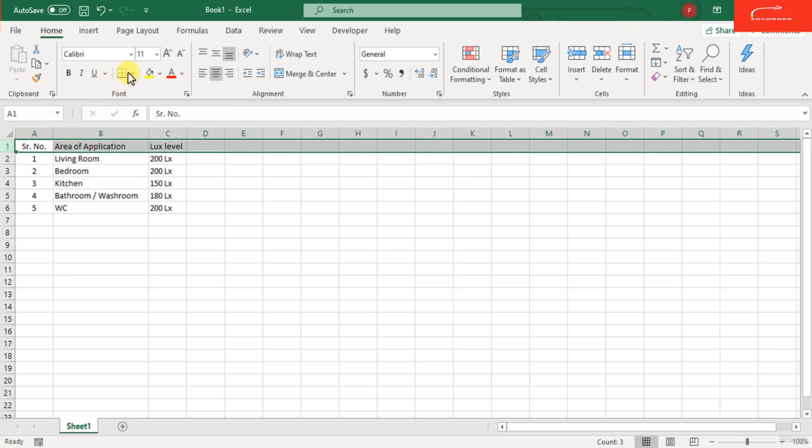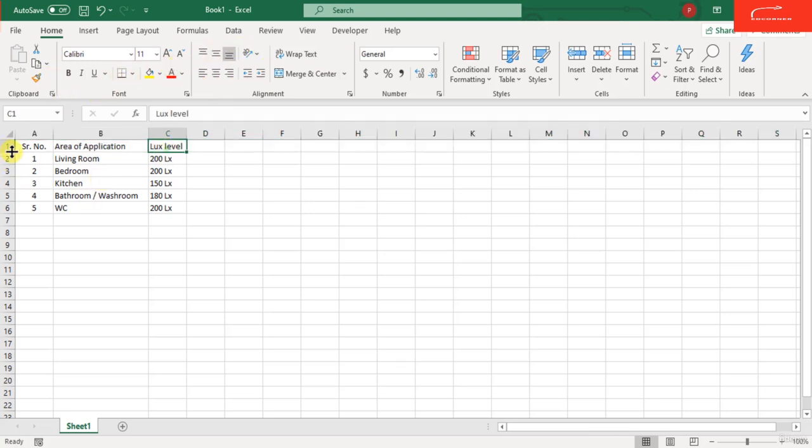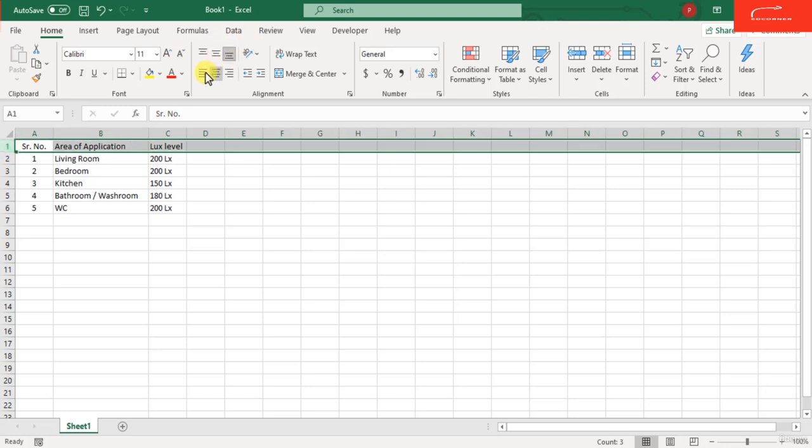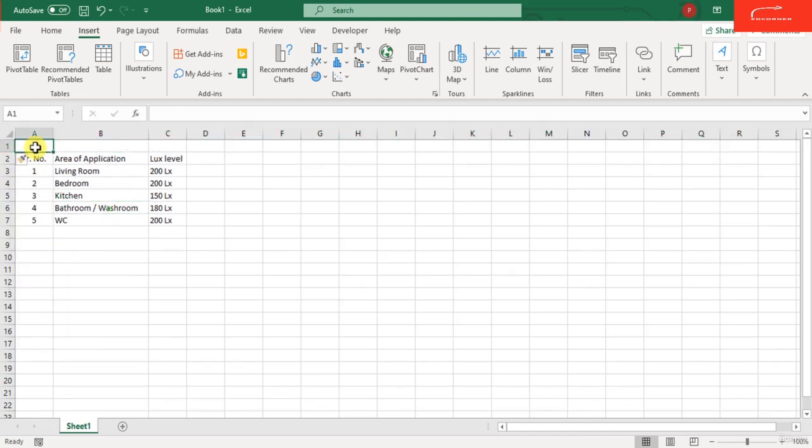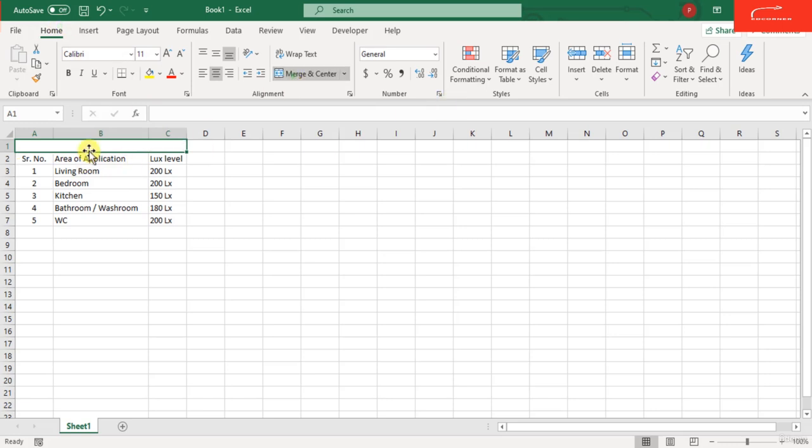So I will first prepare this list and then calculate the lumens output as per the lux level in the drawing. So this is the lux level list.